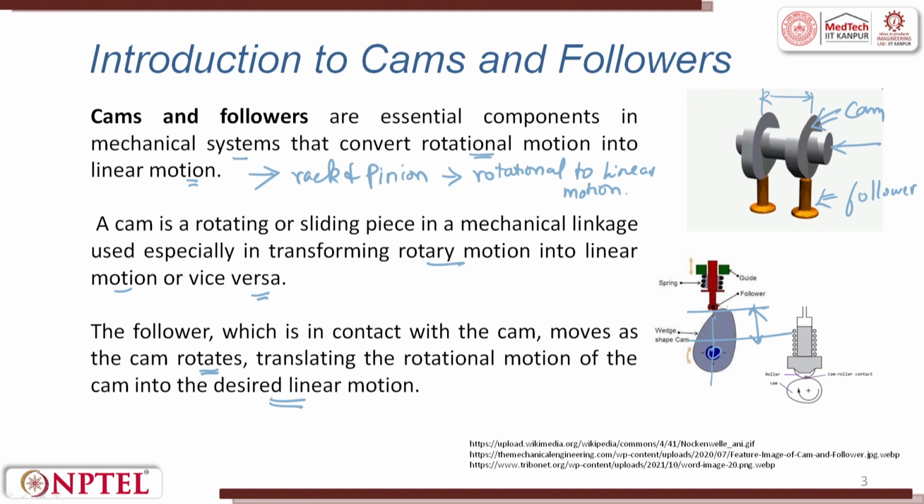This helps in pushing the plunger up and down, which can help in compressing or expanding the spring which is getting loaded. This loading in turn takes care of opening or closing of the valve. So, this is a cam, and then the follower is attached to a spring, and then you can have a plunger or any other linear motion.